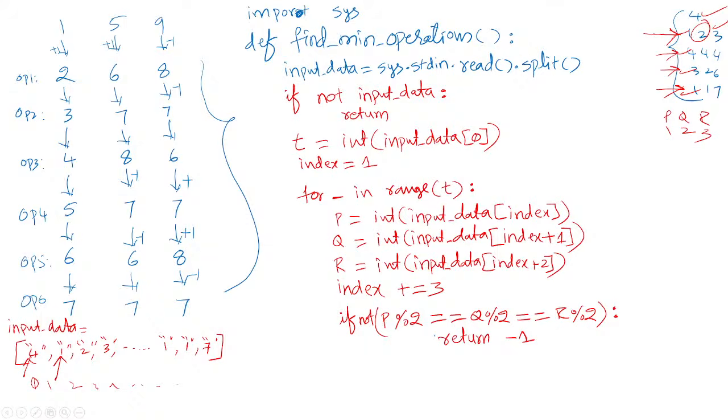Since we are not returning here, if you want to directly return that, you can. But the final answer should be 4 answers, which you should return at a time for all the test cases. Yes or no?